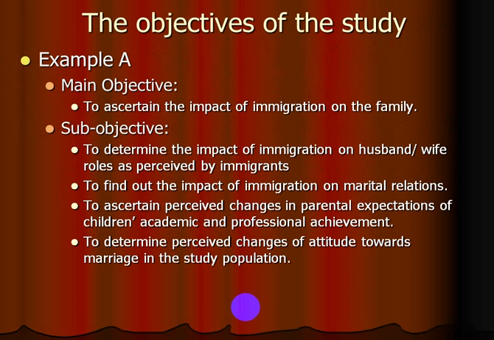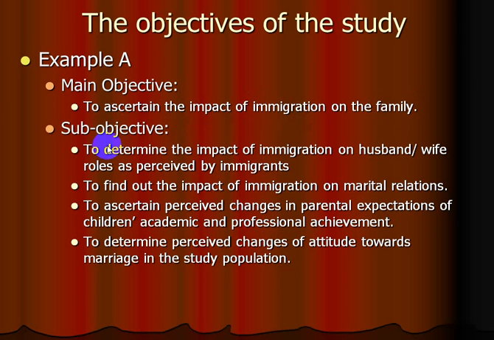Okay, example A. Main objective: to ascertain the impact of immigration on the family. So that is the main objective. To ascertain, to investigate the impacts of immigration on the family.